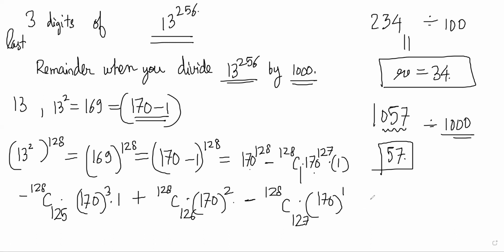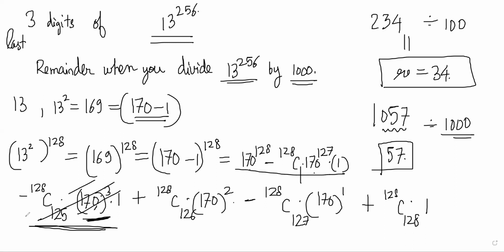And the last term will be plus 128 C 128 into 1, since minus 1 power 128 is 1, right? I have written the last four terms here. You can see that in this term, this is divisible by 1000, right? 10 power 3 is coming. So every term before this is divisible by 1000, and even this has 1000. So we need to worry only about these, right?